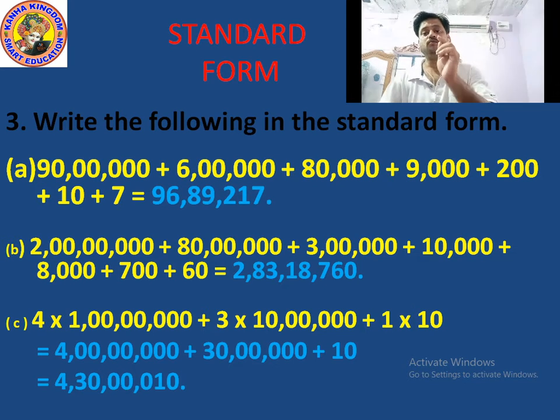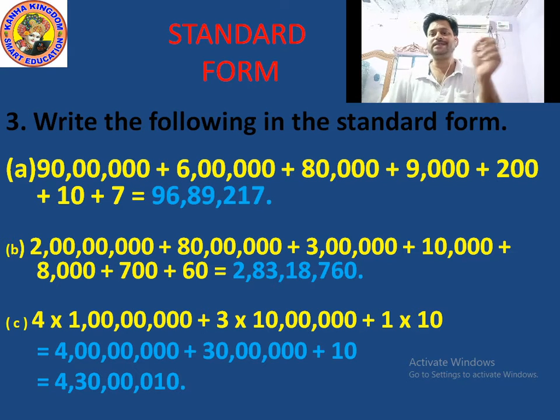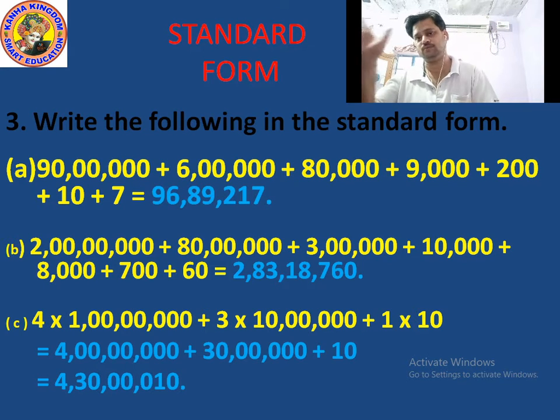If there is only 1 comma in a number, then how many periods? 2 periods, and the second period is the 1000 period. Okay, so in the 1000 period, 2 place values, that is 10. So 2 crores 83 lakhs 10,000.